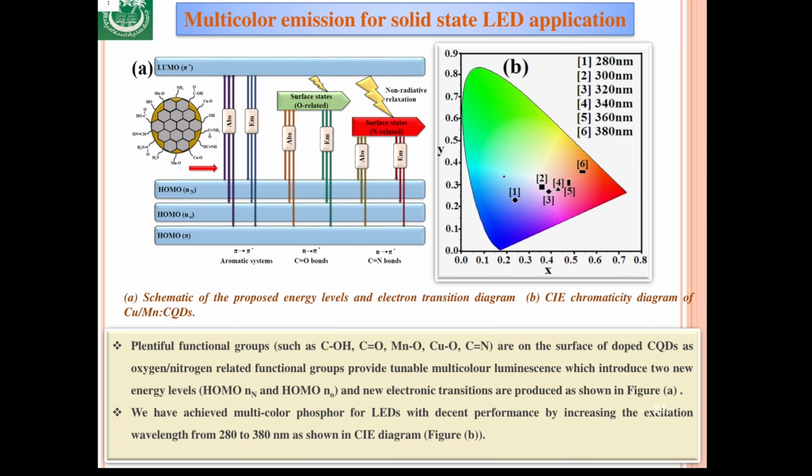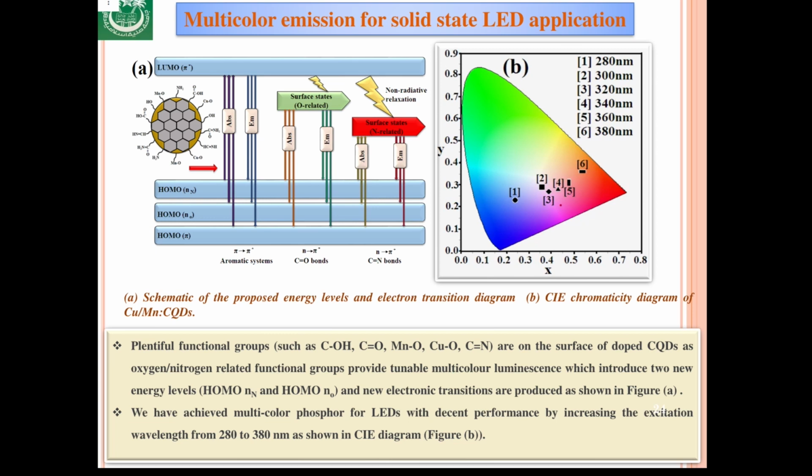The undoped carbon quantum dot emitted a blue light, with the CIE coordinates falling in the blue region of the CIE diagram. On the other hand, when these doped carbon quantum dots were excited with other wavelengths like 320 nanometer, 340 nanometer light, etc., the emission shifted to the orange and red region of the CIE diagram. That means the emitted light was in the orange or red region.